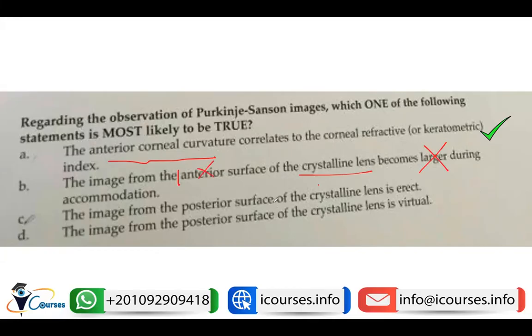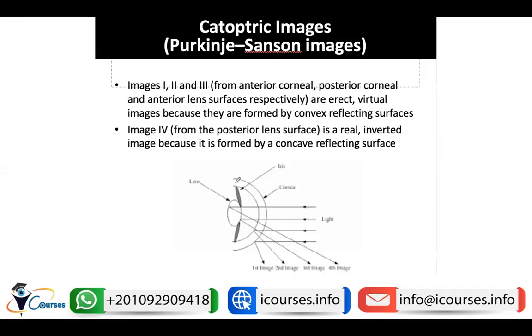The image from the posterior surface of the crystalline lens is erect. This is not true. It is real and inverted because it is formed by a concave mirror effect. The image from the posterior surface of the crystalline lens is virtual. Again, this is not true. So again, image 4 formed by the posterior lens surface is a real and inverted image because it is formed by a concave reflecting surface.